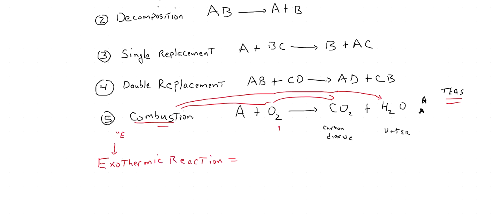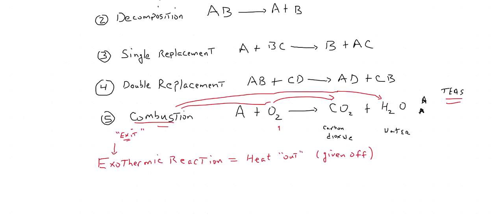Exit is when you go out of something, right? When you exit something. So that X looks like exo. This is when heat is given off, or heat out. Out means given off. So when there's a reaction, it gives off heat. That's called exothermic.